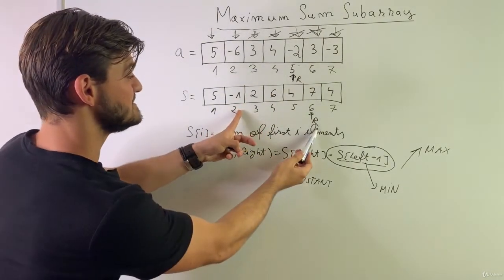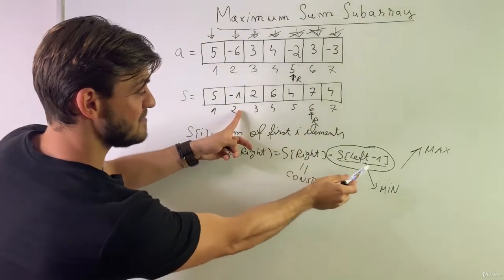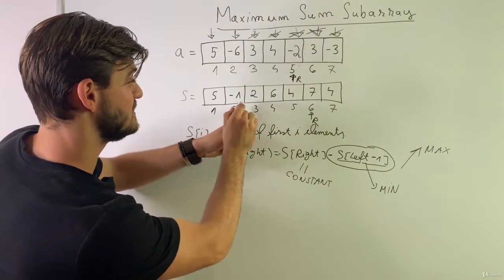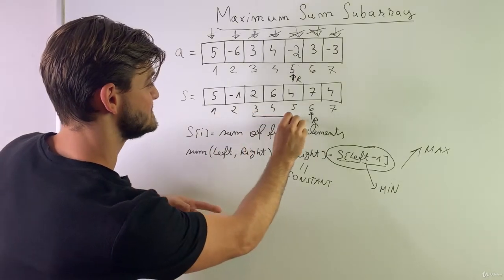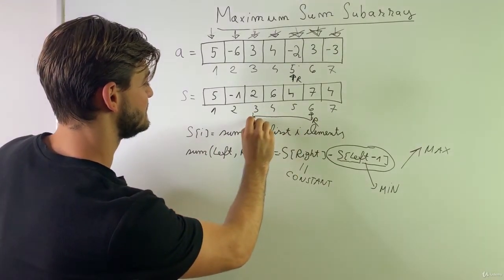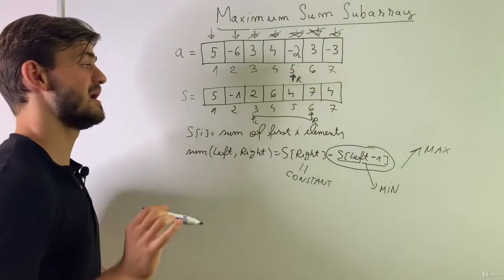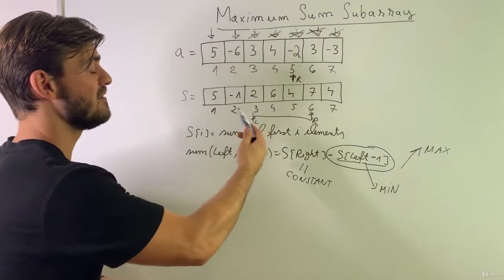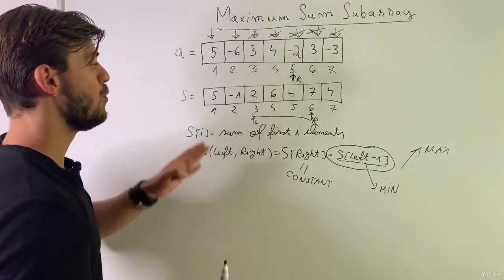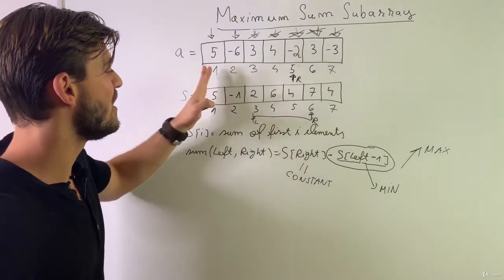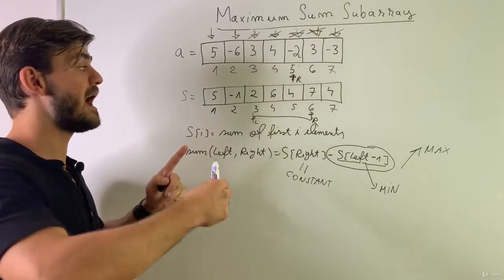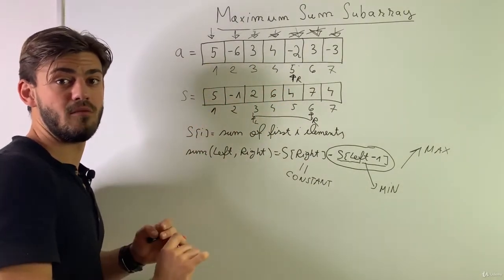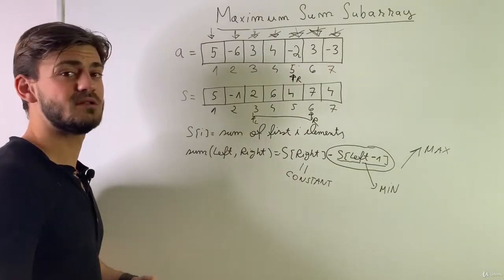And if right is here and my left minus 1 obviously is here, the left is going to be here. And I chose this subarray from right to left. Okay? So the only thing I really need to know is for every right pointer, what is the minimum value of all the partial sums I have looped through by now. And how can I do that?